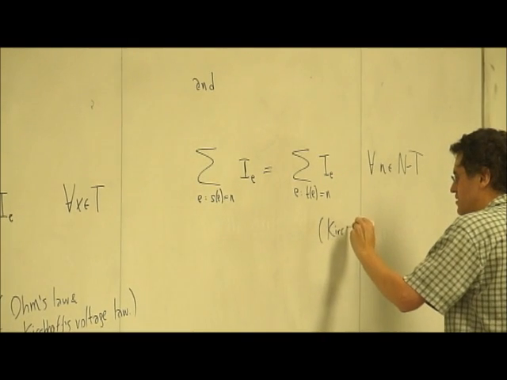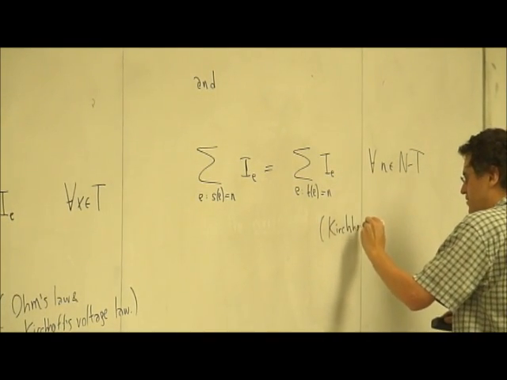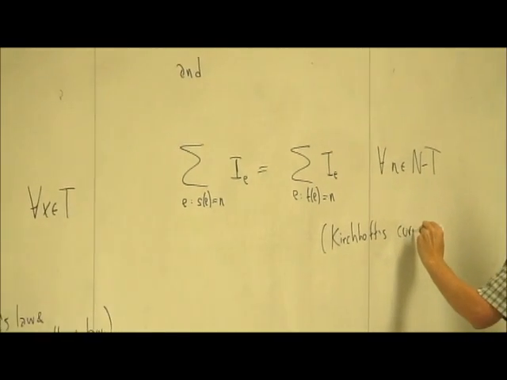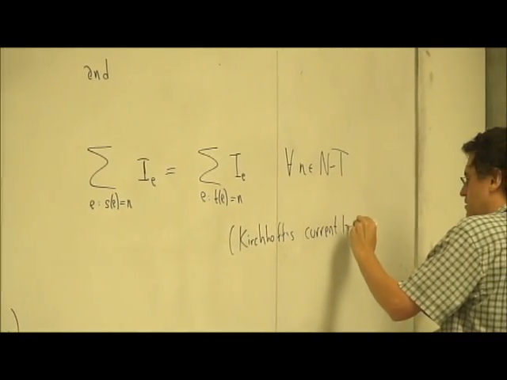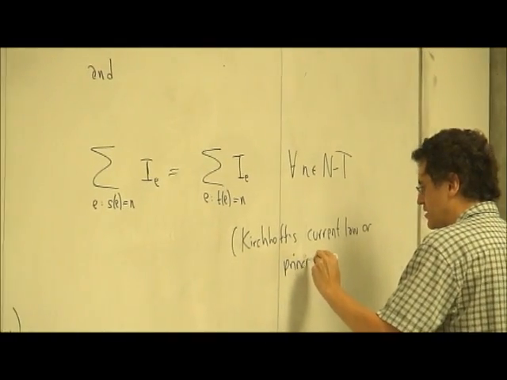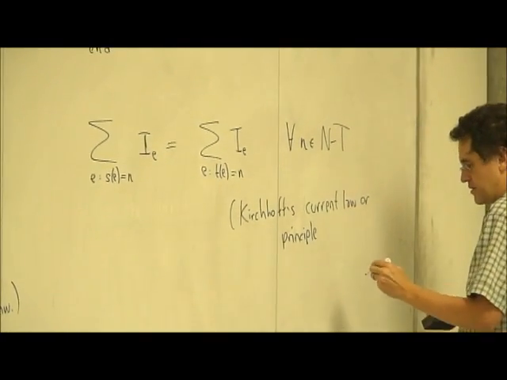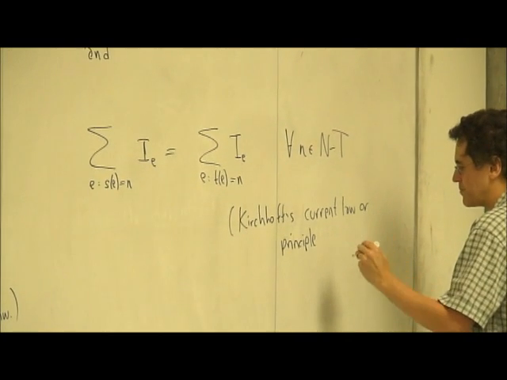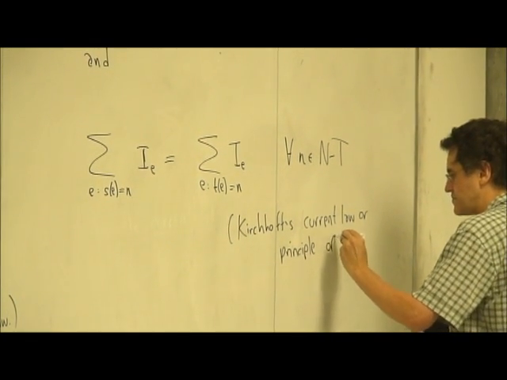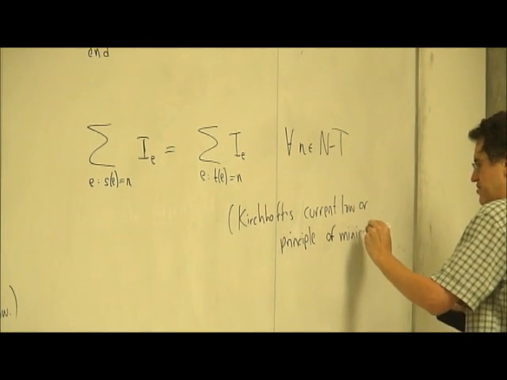So you can think of it two ways. Like I said, you can think of it as Kirchhoff's current law, or you can think of it as the principle of minimum power, because if we've paid enough attention, we've noticed that those were equivalent. I may have been in too much of a rush.